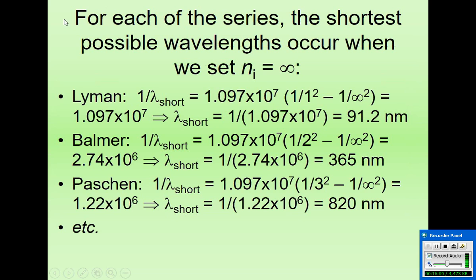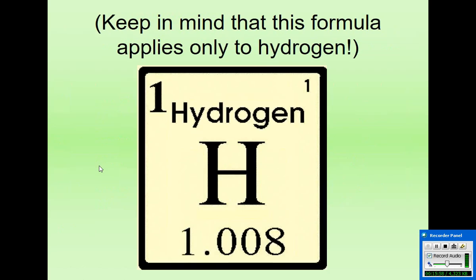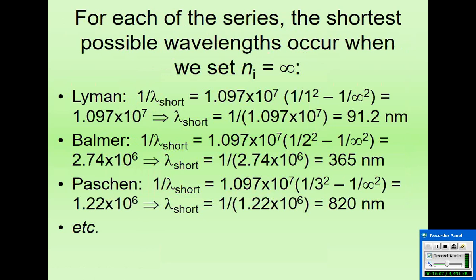Now, just to show you some of the details of the Rydberg formula, recall that n final equals 1 would give us the Lyman series, n final equals 2 gives us Balmer, n final equals 3, Paschen, and so forth. The shortest possible wavelengths will occur when n initial equals infinity.